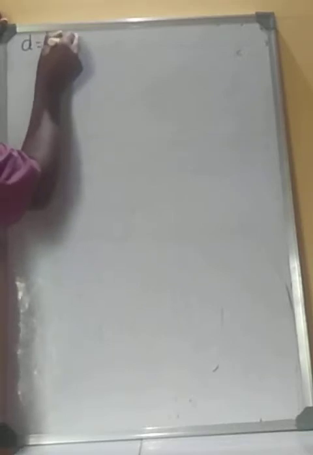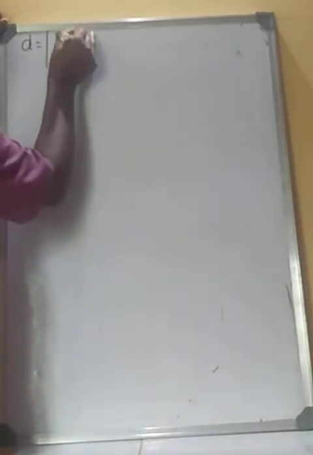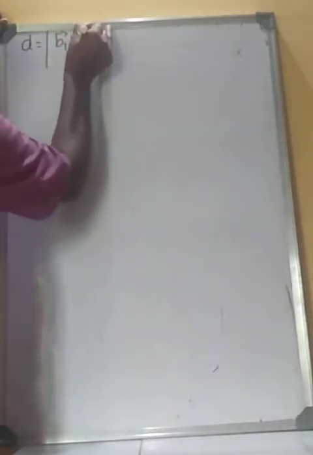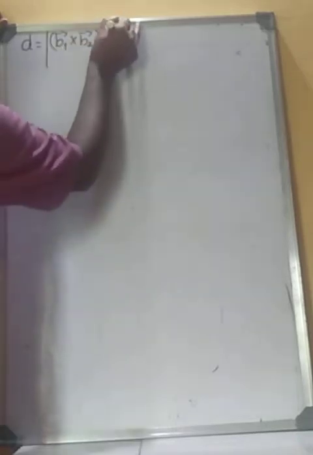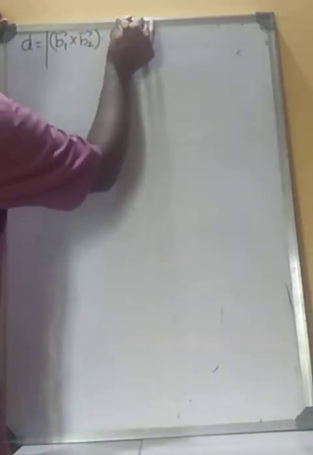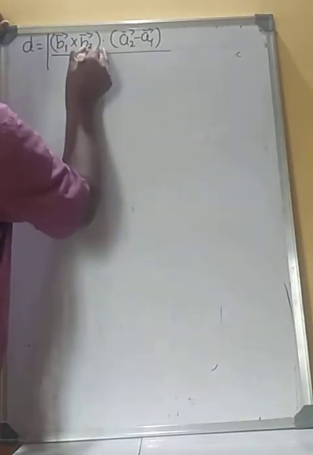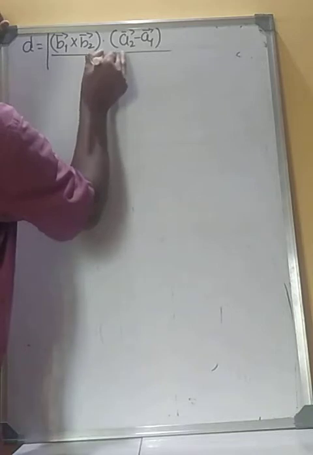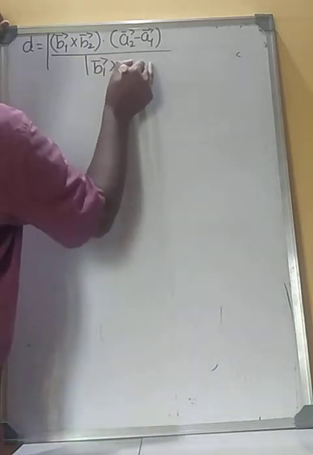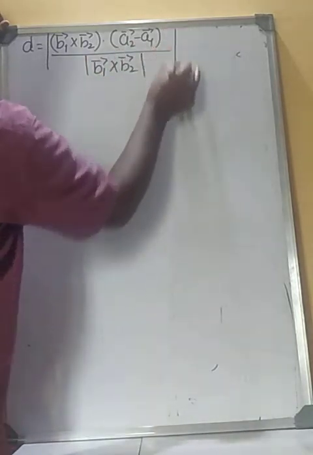So therefore, the shortest distance between the lines is given by D equals magnitude of B1 vector cross B2 vector dot A2 vector minus A1 vector dividing by magnitude of B1 vector cross B2 vector.